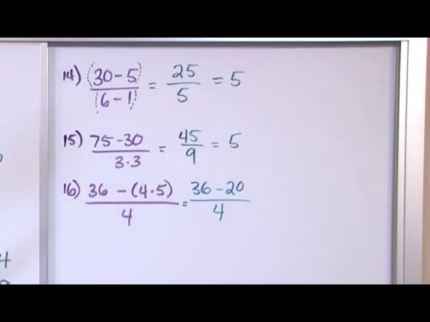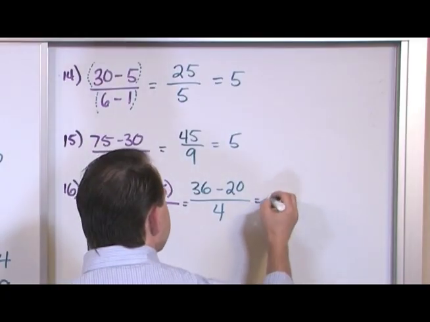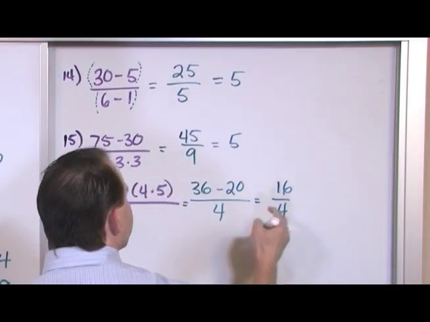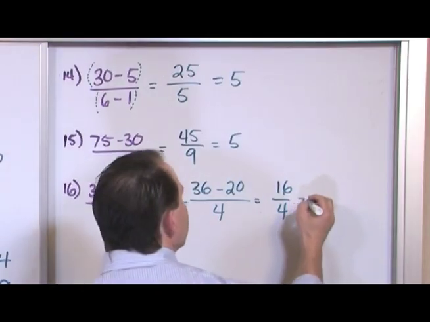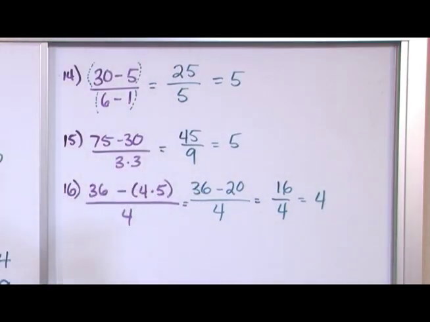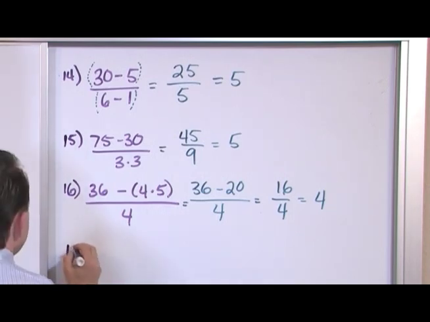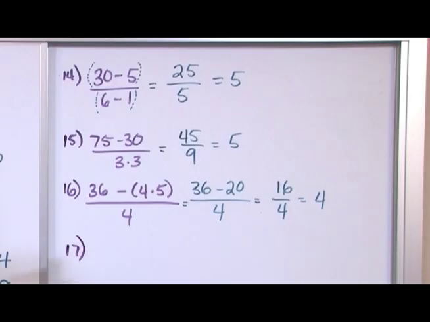Now we again look and say there are invisible parentheses there. I'm going to do that first. 36 minus 20 gives me 16, still divided by 4, and now I can do that division, and I'm going to get a big fat 4. Always work the numerator and denominator of big fractions like that first and foremost.